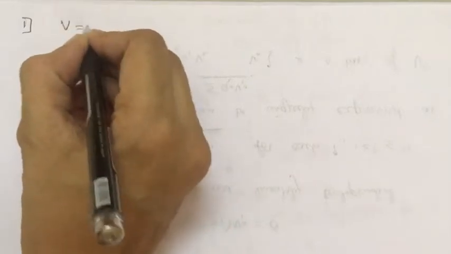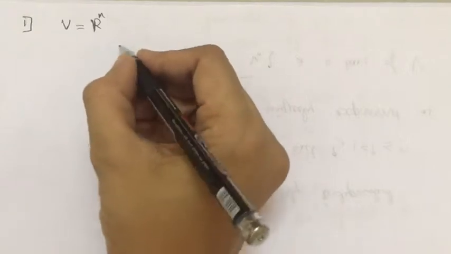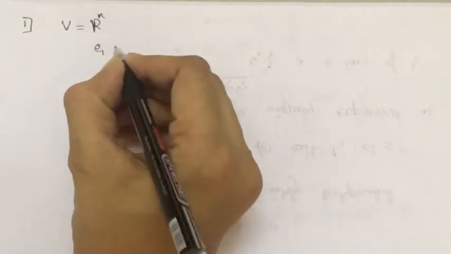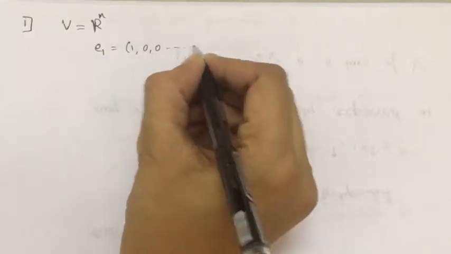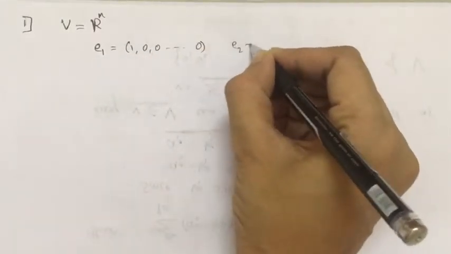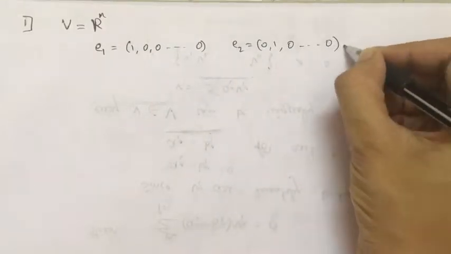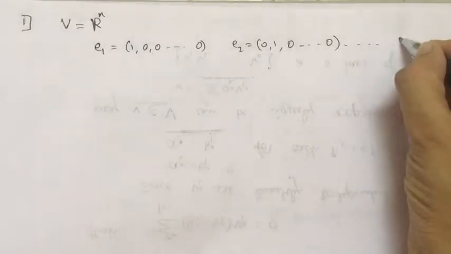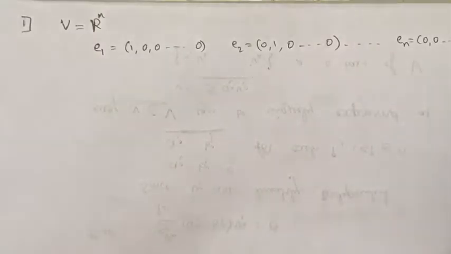So now let us look at the examples. Suppose first example, I have a vector space V, which is nothing but the set of n-tuples Rn. And then the vectors, say e1, which is also an n-tuple (1, 0, ..., 0), vector e2 is (0, 1, ..., 0), like that, the nth element is (0, 0, ..., 1).